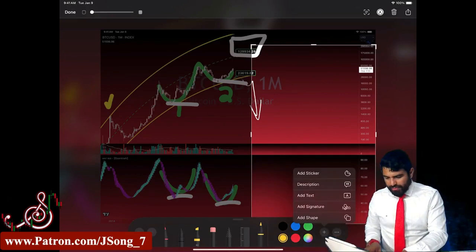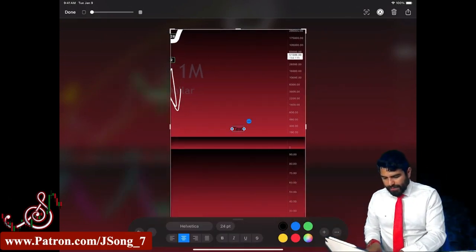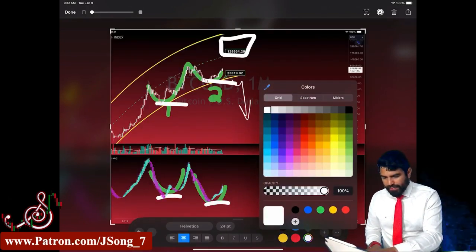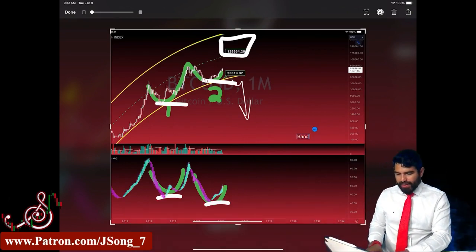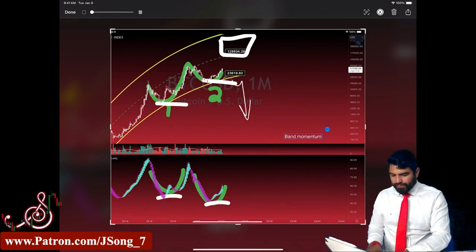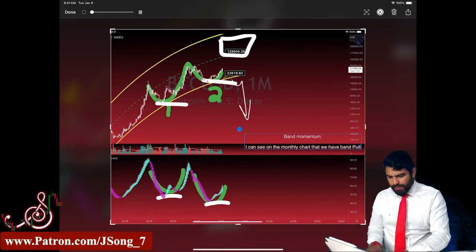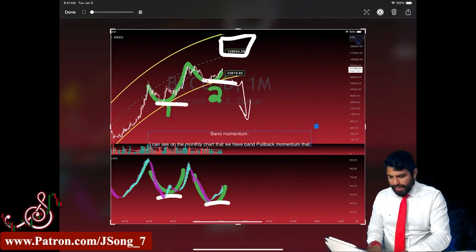Let me put some text on here. Band momentum. I can see on the monthly chart that we have band pullback momentum that should fire price to new highs.